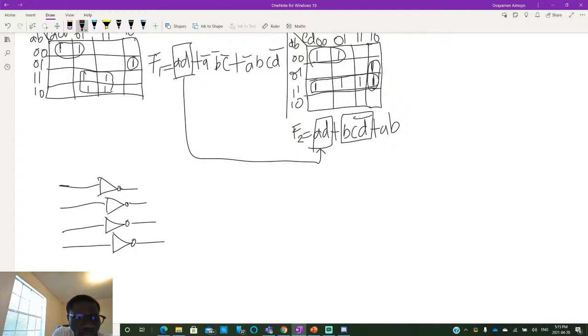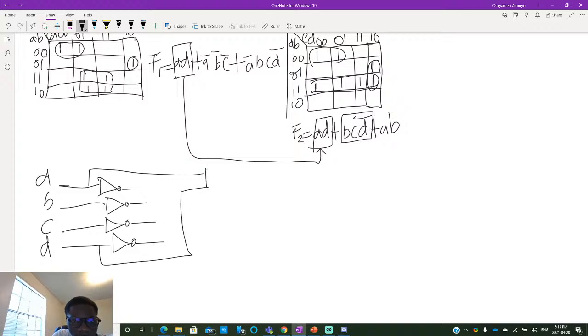We do have A, B, C, D. So for F1, we have A and D, right? A and D, and then A bar, B bar, C bar as well, all of them ANDed.